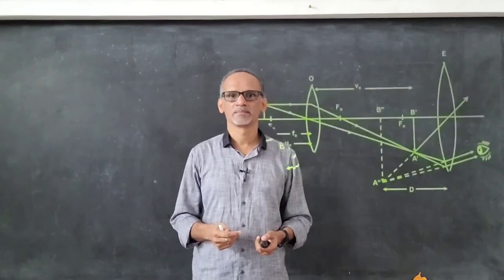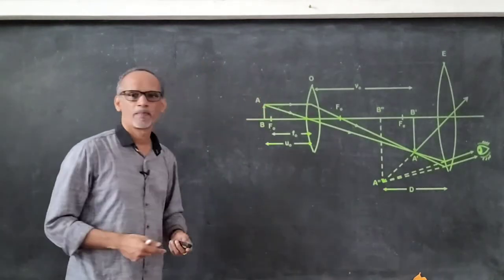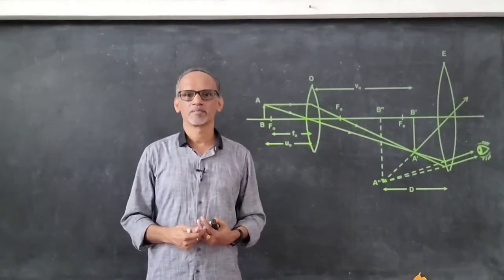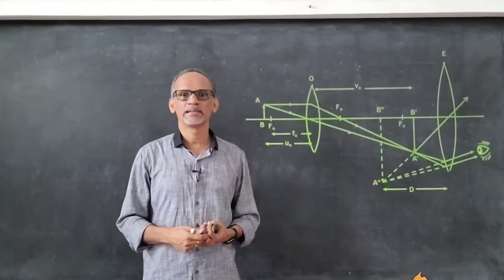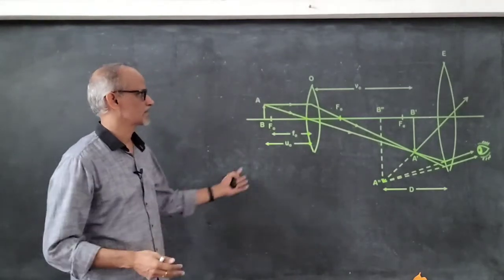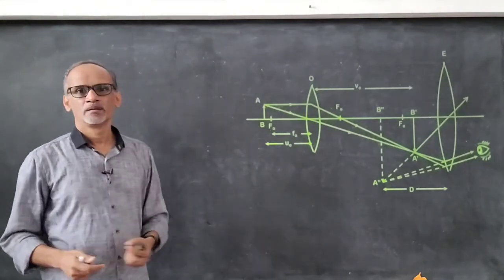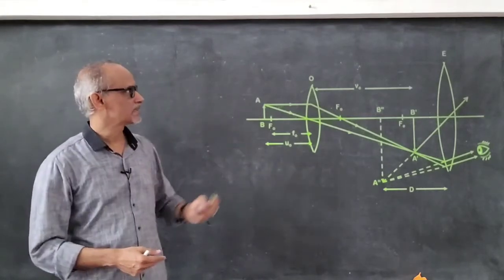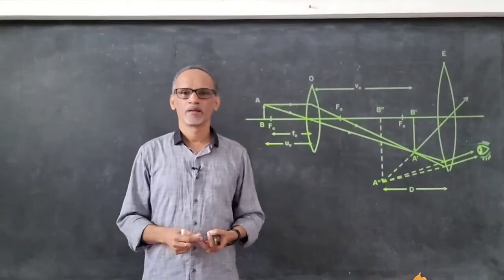So let's see. This is the ray diagram for a compound microscope, where you can see 2 lenses are used. The first lens is called the objective. The other lens is called the eyepiece.